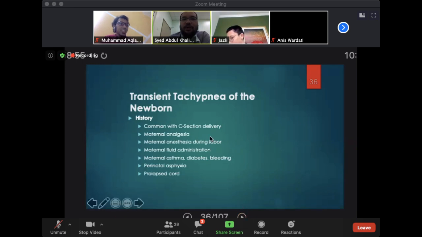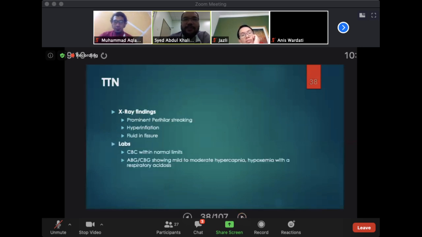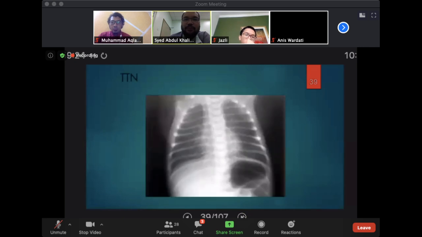More common with cesarean section, ada maternal analgesia dan sebagainya. And then tachypnea usually 60 up to 150, ada nasal flaring, all the signs of respiratory distress. And then X-ray, you can see increased perihilar streakiness, hyperinflation, fluid in the fissure. CVC normal sebab tak ada infection lah. It is just a transient punya problem.